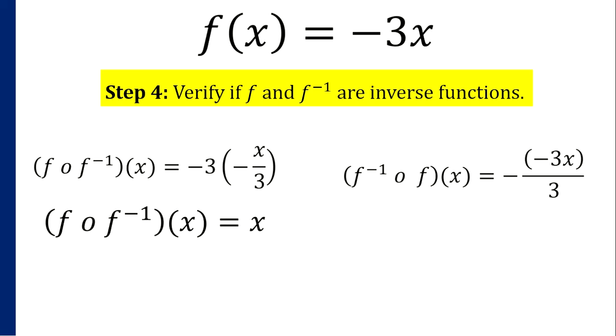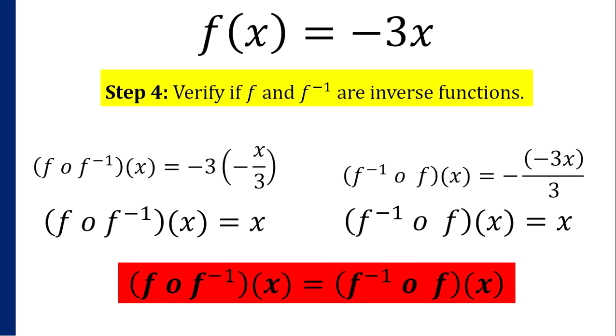So we'll have negative times the quantity negative 3x over 3. As you can see here again, double negative, so that's positive, and 3 divided by 3 is just 1. So therefore, we have here x. Both are equal to x. Therefore, our answer is correct. The inverse of the function negative 3x is f inverse of x equals negative x over 3.